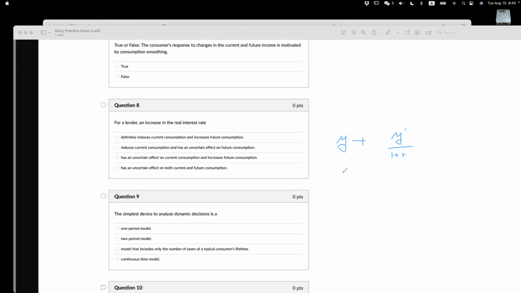If R increases, then WE is going to decrease. This is the income effect. If income decreases, then C presumably is going to decrease.